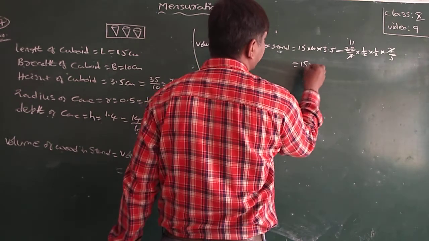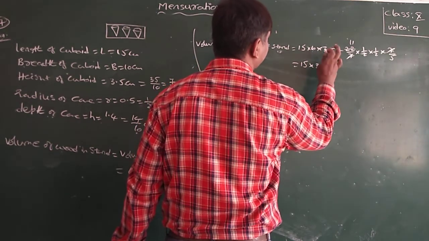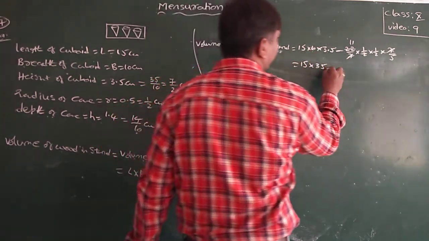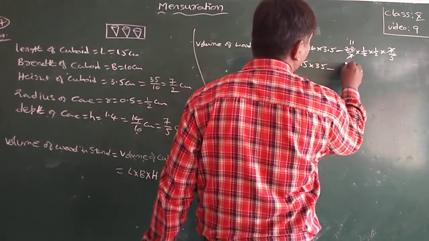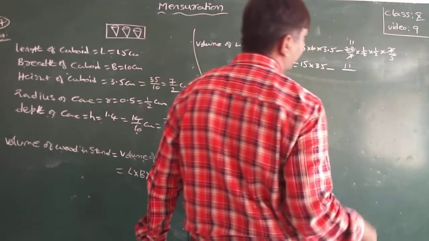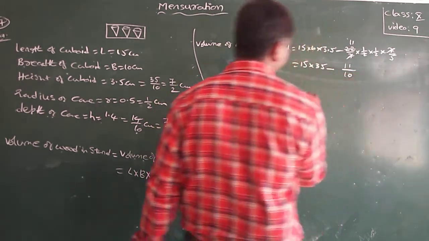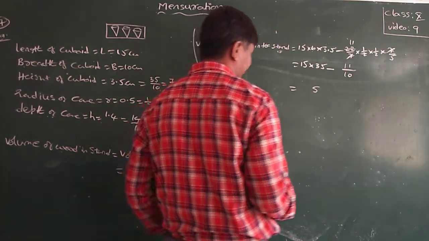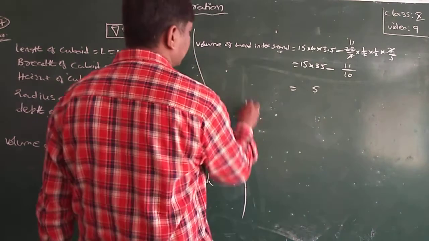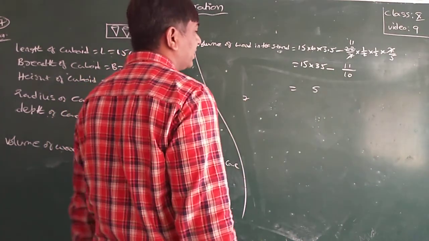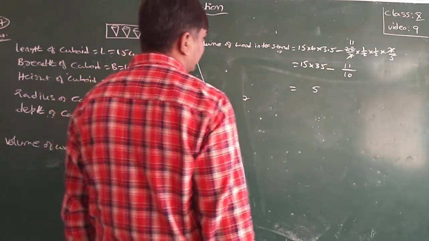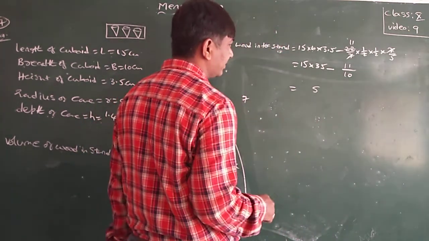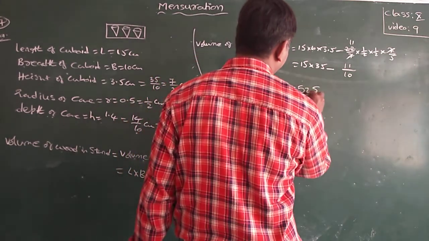This is 15 into 10 into 3.5, that is 525.